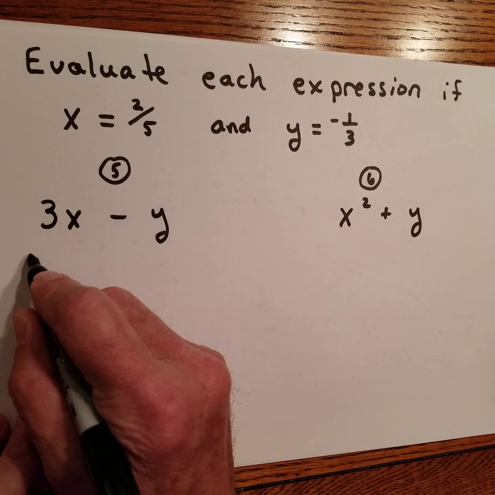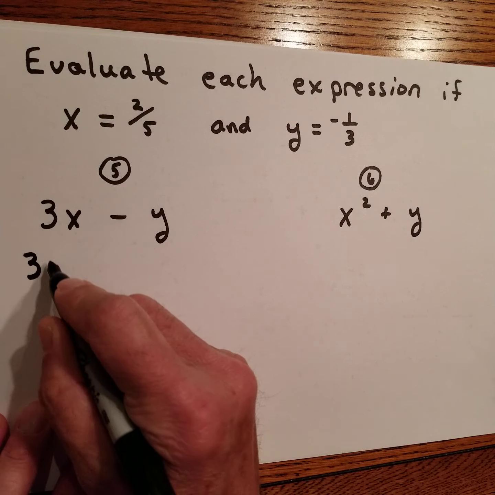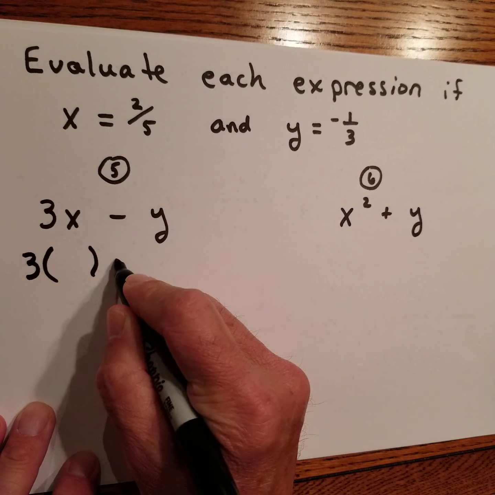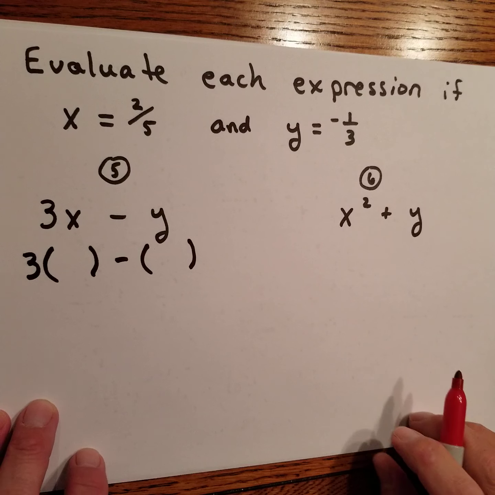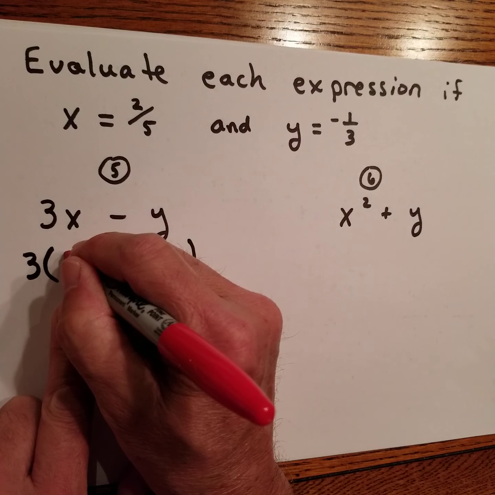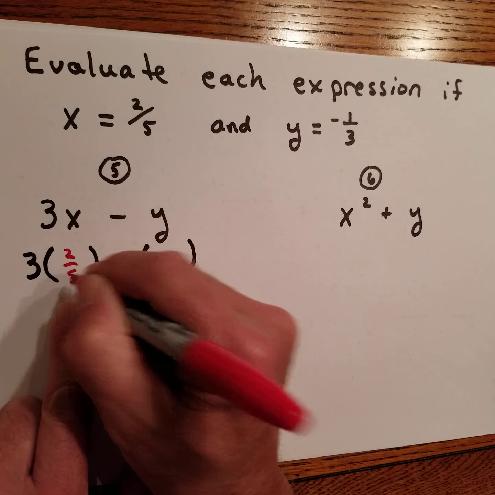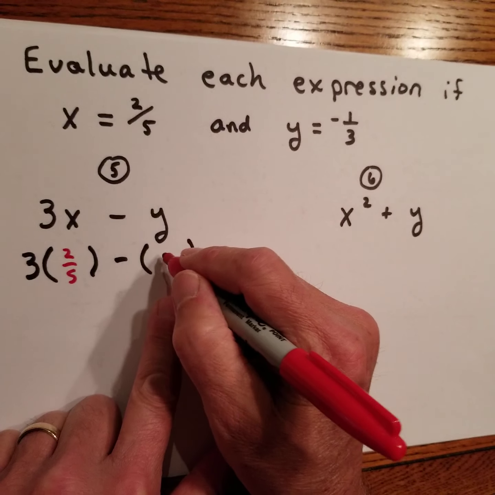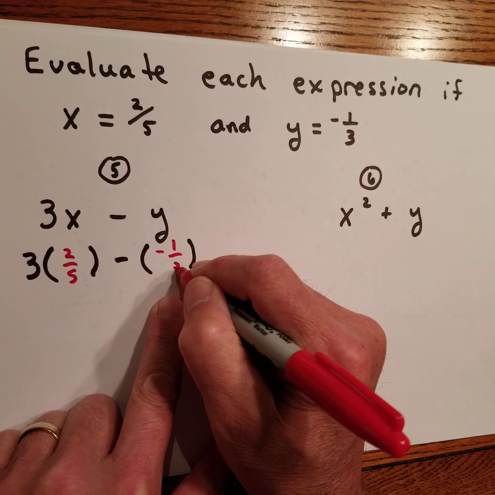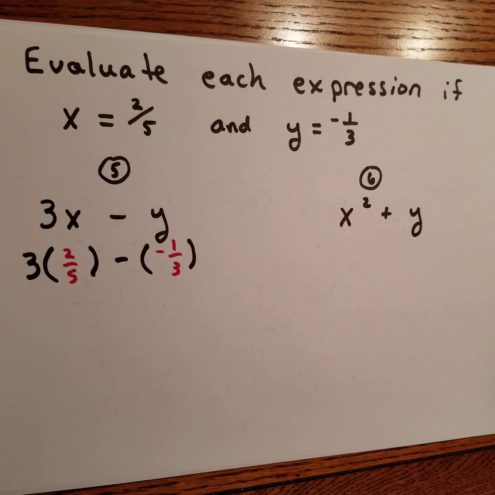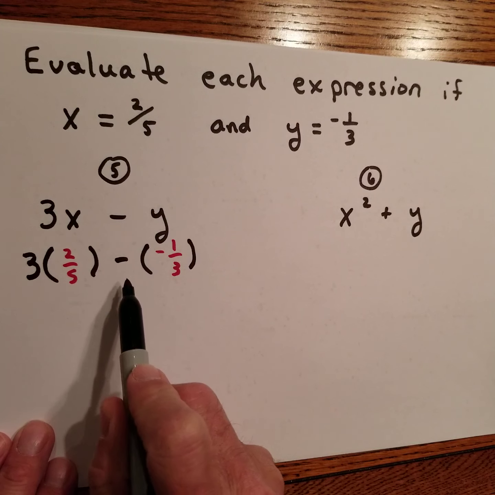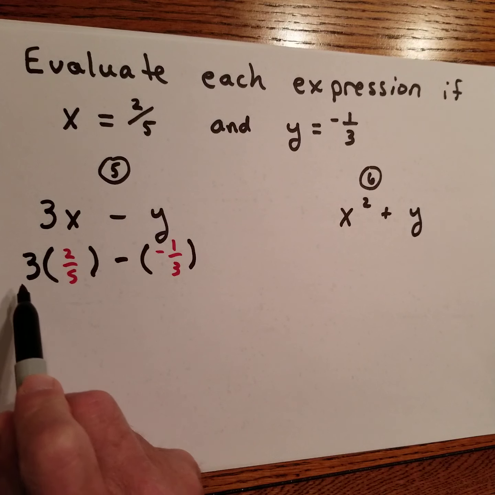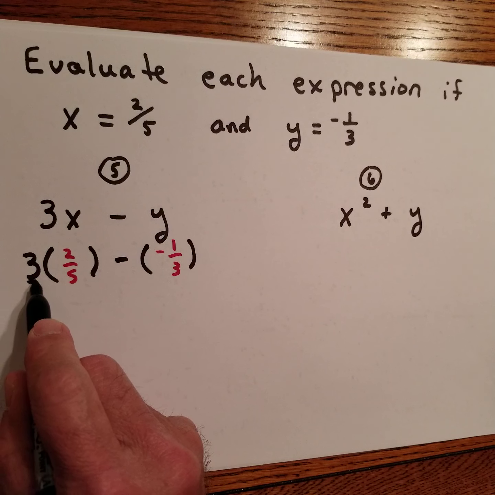When we evaluate expressions, we replace the variables with an open set of parentheses. Then plug in. For x, 2/5. For y, -1/3. I should multiply before I subtract. Let's think of this 3 as a fraction.